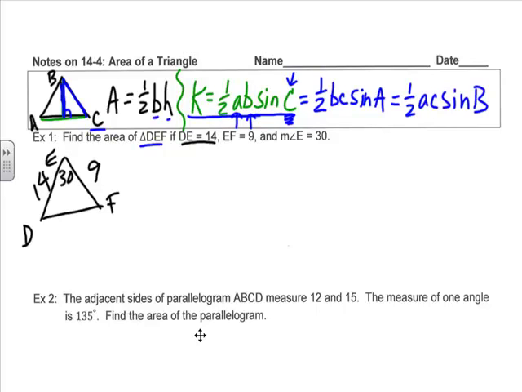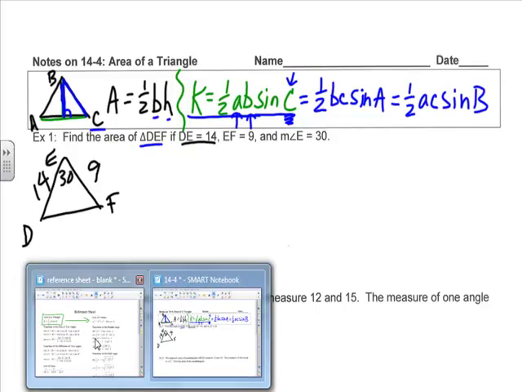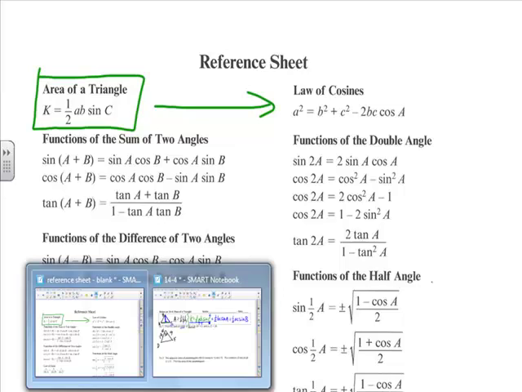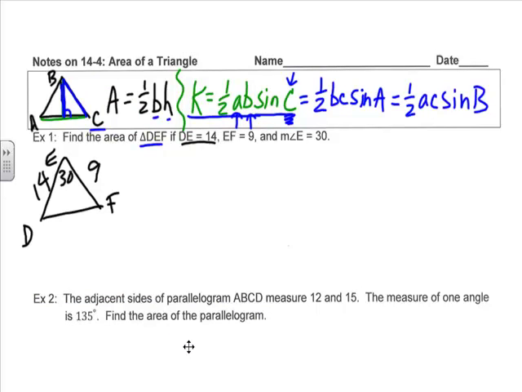If this was on a Regents or on a test for this class, you'd hopefully say to yourself, whoa, wait a minute, I know there's an equation, it's on my cheat sheet. And so I would just go there, grab that equation, and write it exactly as you see it.